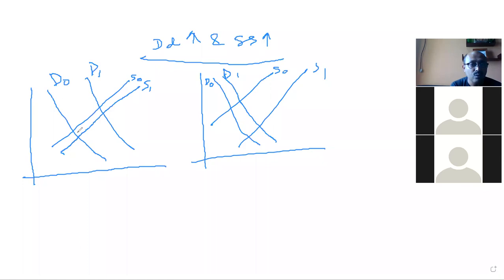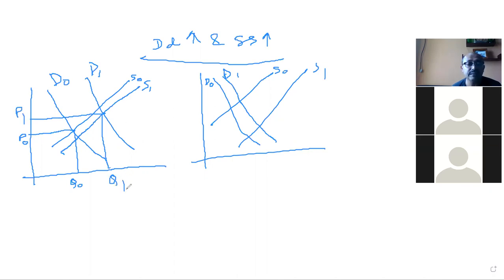Now here, as the proportionate increase in demand is higher than proportionate increase in supply, upward pressure on price is higher than downward pressure on price. This was the equilibrium point, intersection of D0, S0, where price was P0 and quantity Q0. Now this will be the new equilibrium point when price is P1 and quantity is Q1.